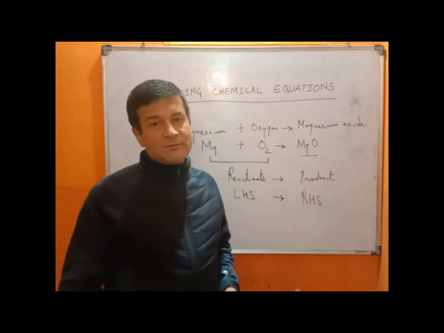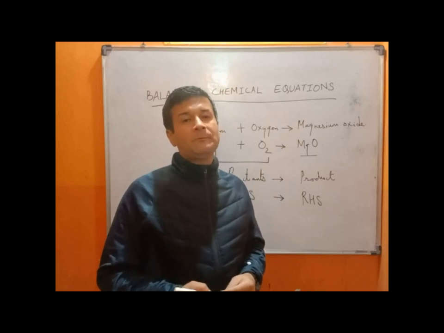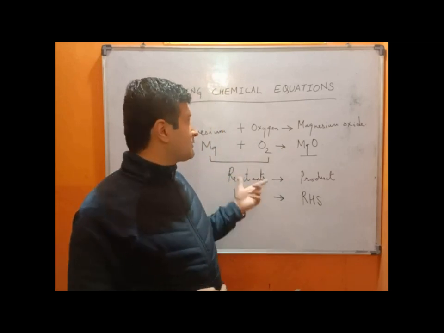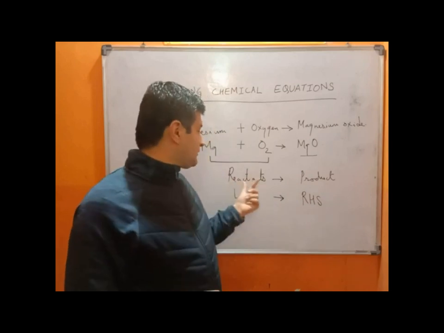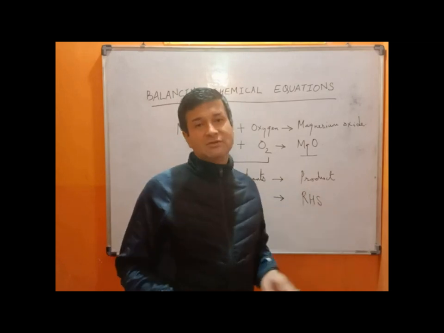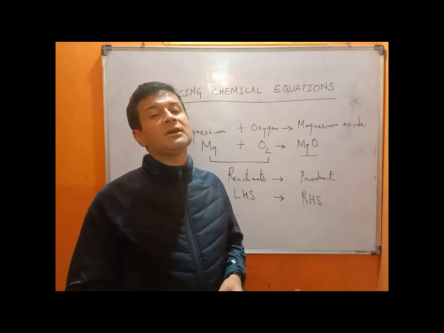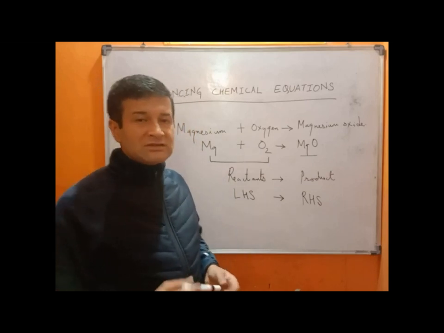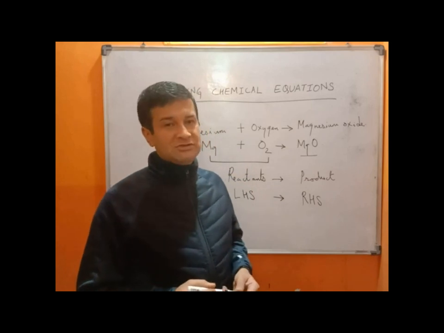In such cases, we say that the chemical equation is balanced. However, if the number of atoms on the reactant side and the product side is not equal, then it is said to be an unbalanced chemical equation. So in such cases, we have to balance the chemical equation.